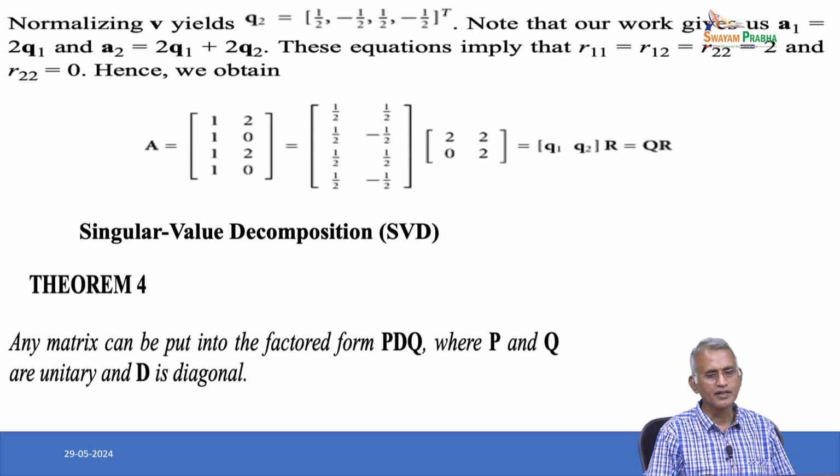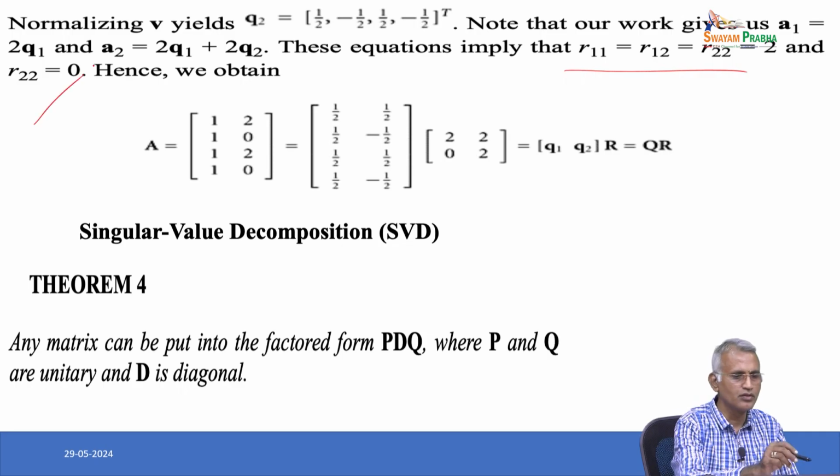After normalization, Q2 is generated, and our work gives us A1 equal to 2 Q1 and A2 equal to 2 Q1 plus 2 Q2. So, this implies R11 and R12 are equal to 2 and R22 is 2.